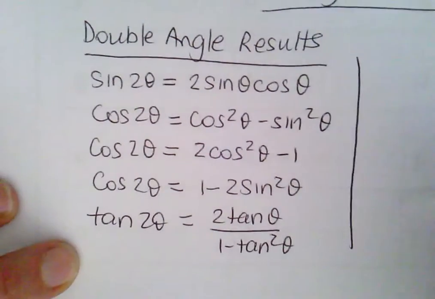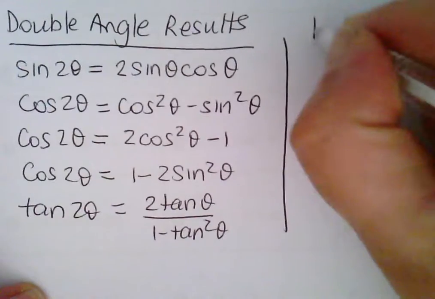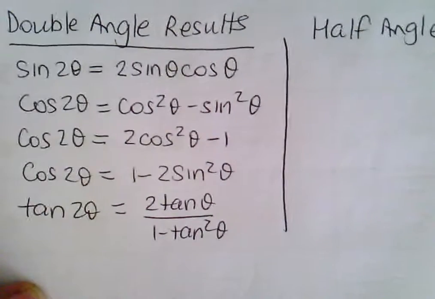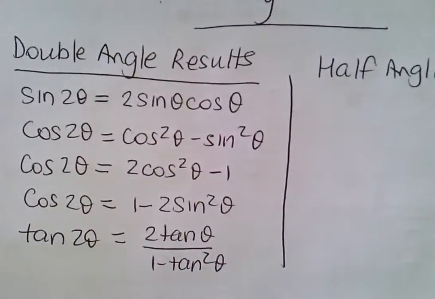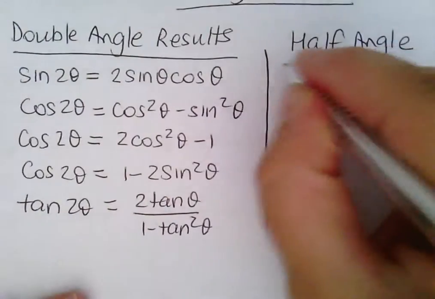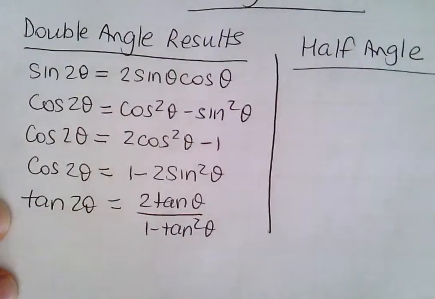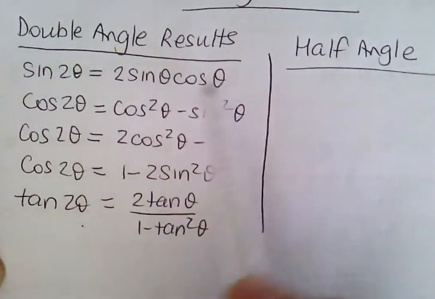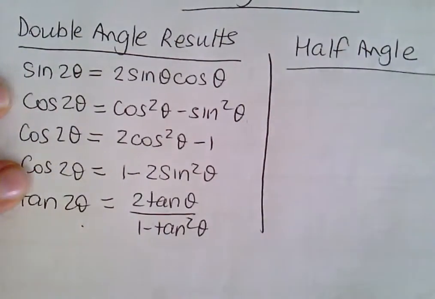Now, while we're here, we're going to look at the half angle results because they are really the double angle results, but everything's halved. They look like half angle results. With the double angle results, you'll notice you've got double angles on the left and single angles on the right, in other words, the angle on the left is double the size of the angle on the right.